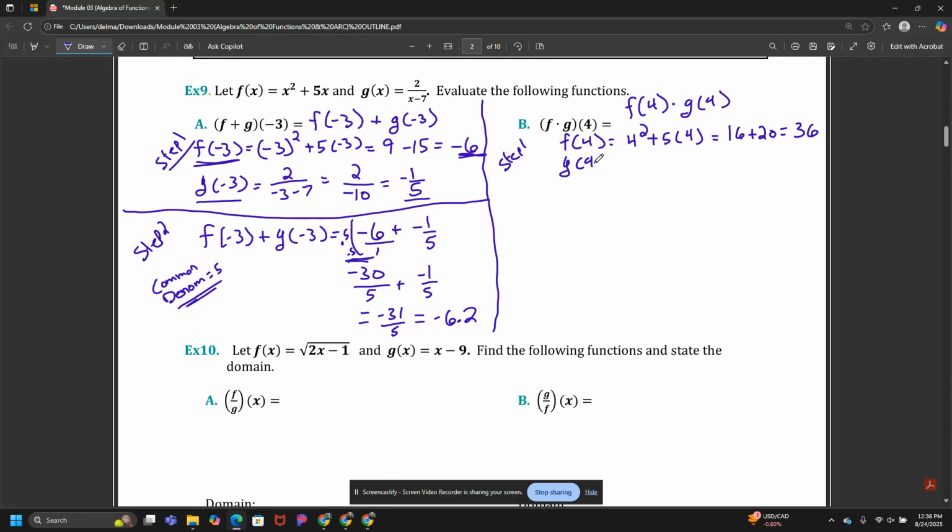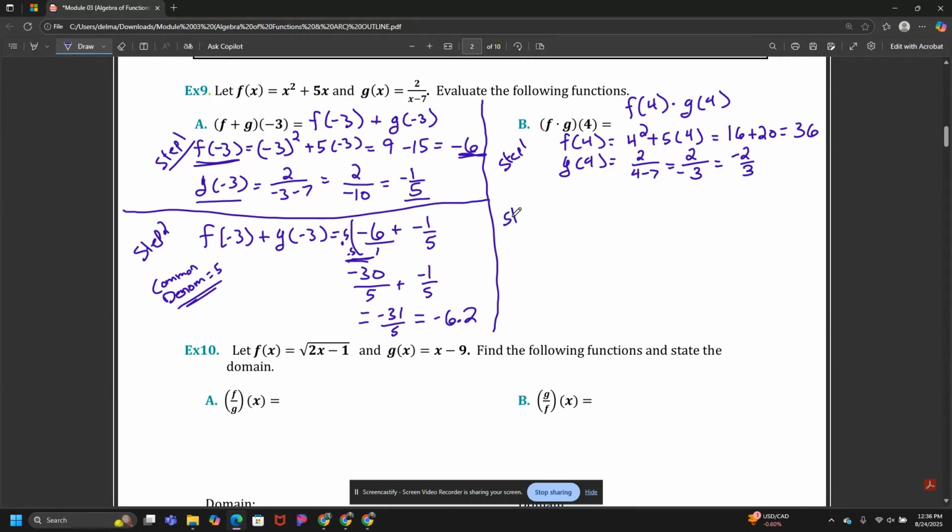G of 4. 2 over 4 minus 7. 2 stays. 4 minus 7 is negative 3. So that's negative 2/3.